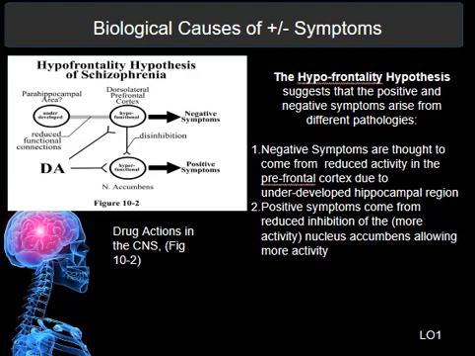Basically, the negative symptoms are thought to come from a reduction in the activity of the prefrontal cortex, and it's suspected that these patients have an underdeveloped hippocampal region. In contrast, the positive symptoms stem from what we think is reduced inhibition of the more active nucleus accumbens, which basically allows for more activity.